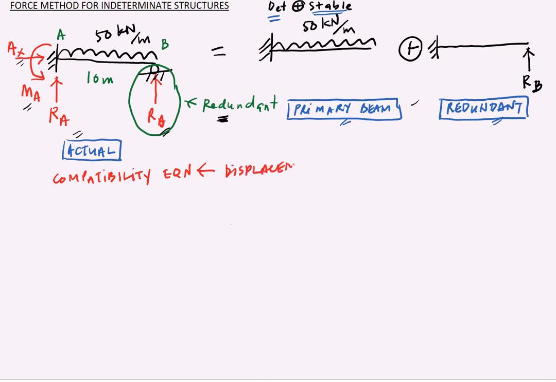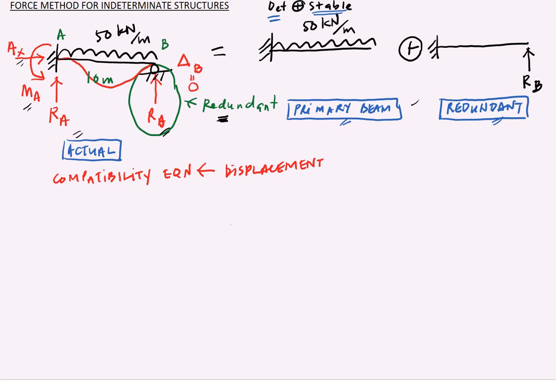To show you the condition of displacement, for your actual beam, if you draw the deflected shape, it's going to look something like this, and the deflection at point B is called delta B, which, because this is a roller, is going to be 0.